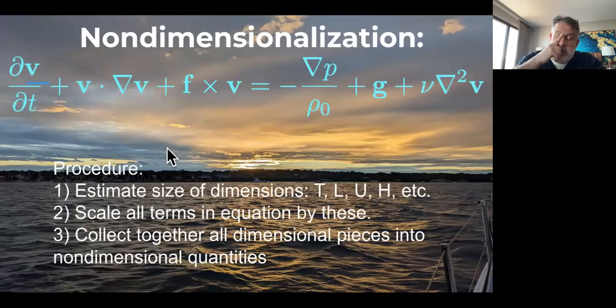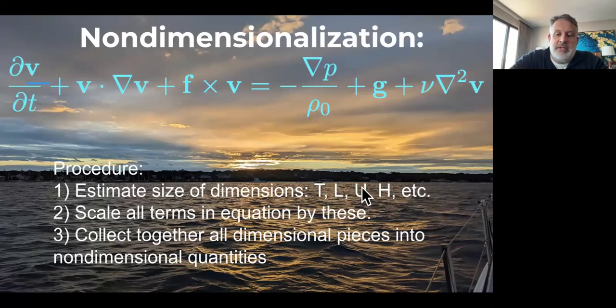Okay, so non-dimensionalization. We've done this a couple times. I wanted to do it a little bit more slowly because we have a little bit of extra time today to cover it. So the procedure here is, first, you estimate the size of each of the terms in terms of the fundamental dimensions, like the time scale, the length scale, the velocity scale, and the vertical length scale, and so on.